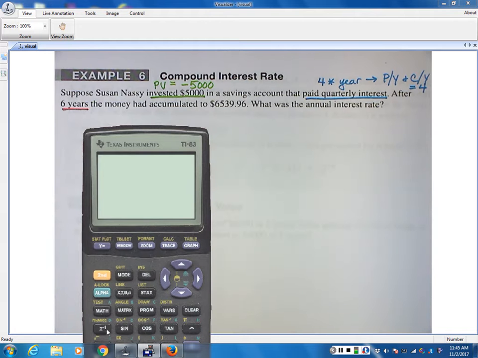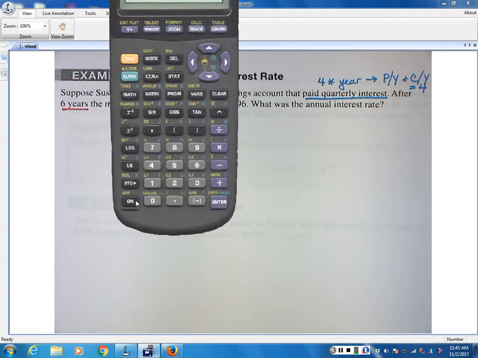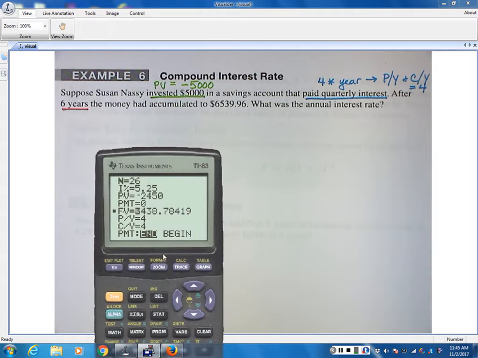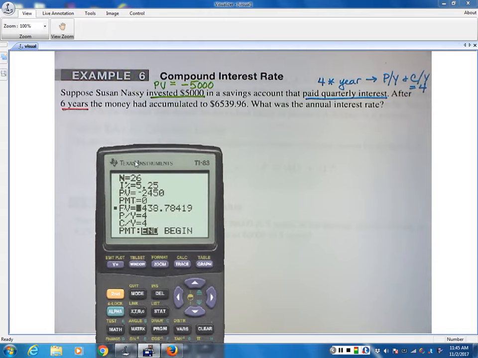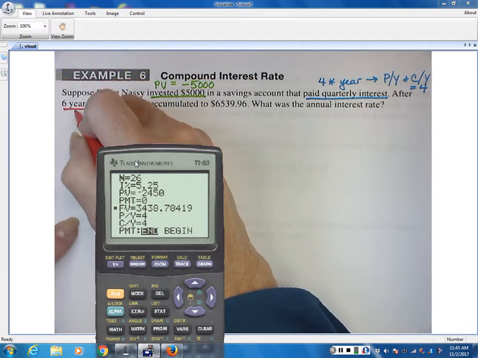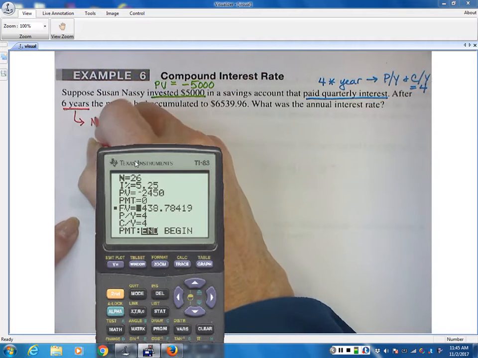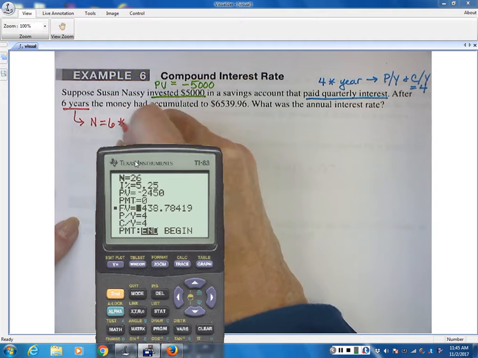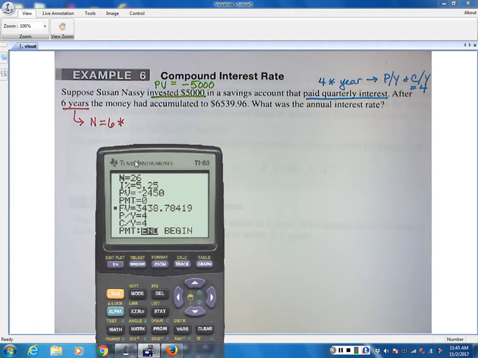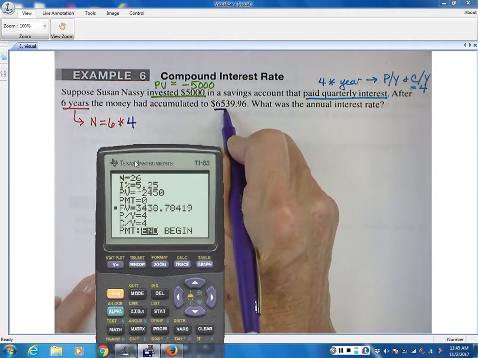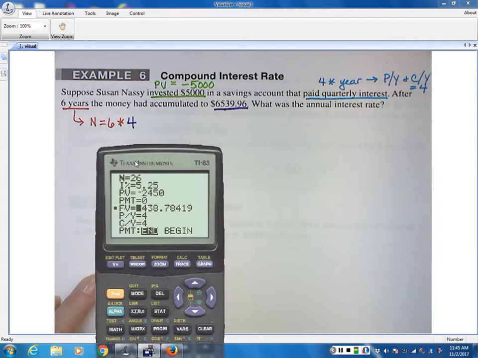My calculator turned itself off. So after 6 years, that's going to influence N. It's going to be 6 times 4 for the compoundings. The money had accumulated to $6,539.96.